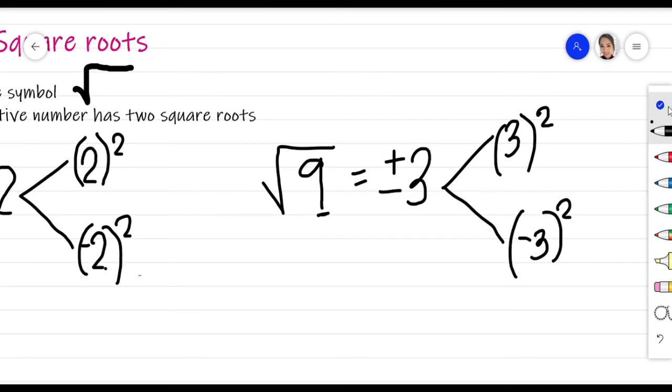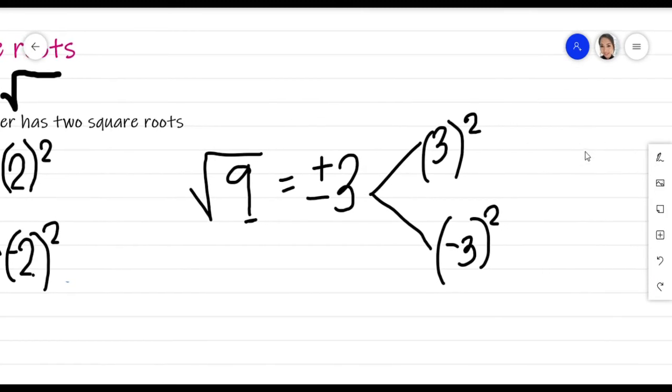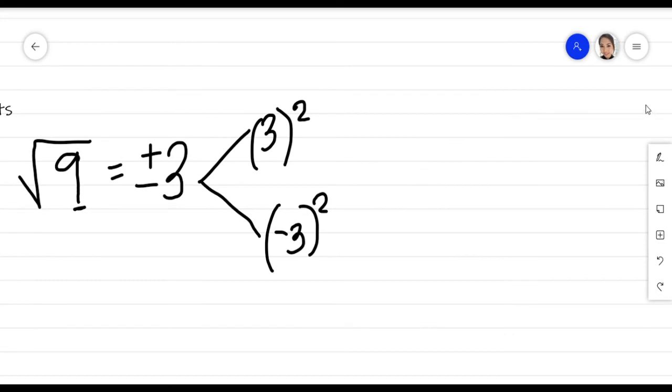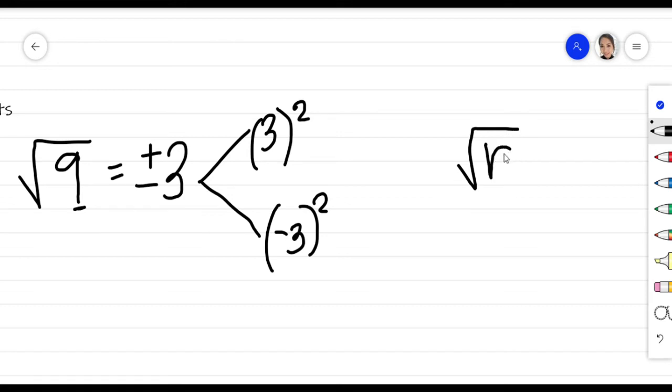Now, if you notice the pattern, the square root of any positive real number comes into two, the positive square root and the negative square root.